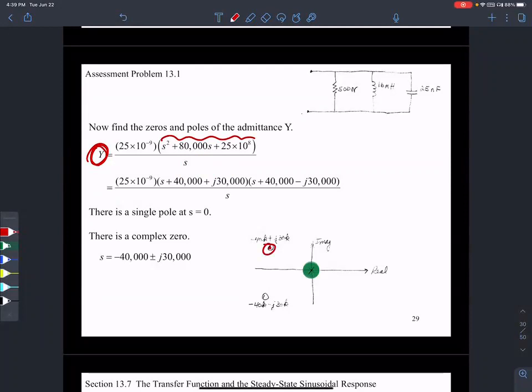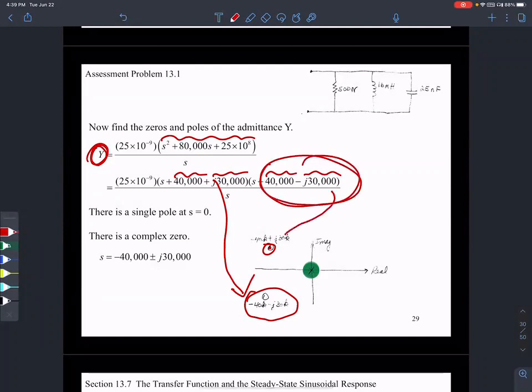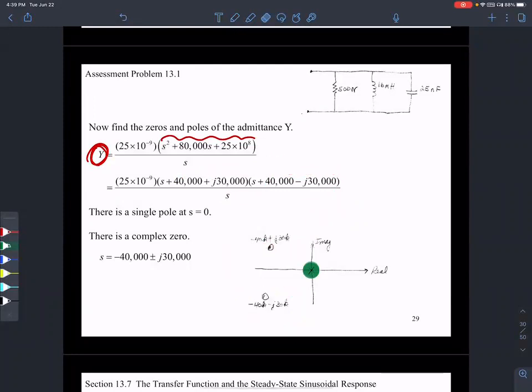Therefore, there's negative 40k plus j30k and negative 40k minus j30k. Negative 40k, negative j30k is this one, and negative 40k, positive j30k is this one. The roots of the numerator and the denominator can be interpreted to be zeros and poles, respectively.